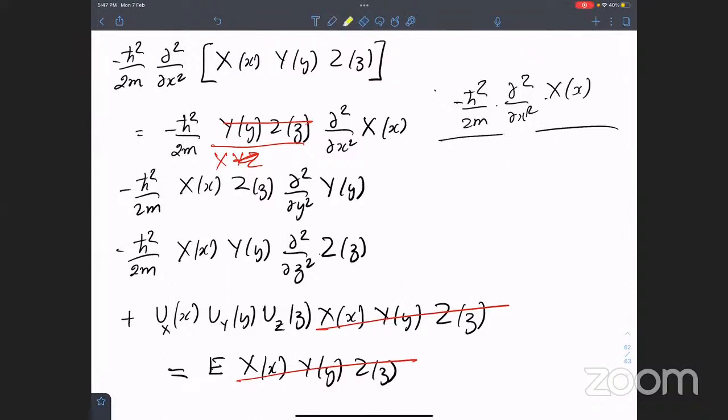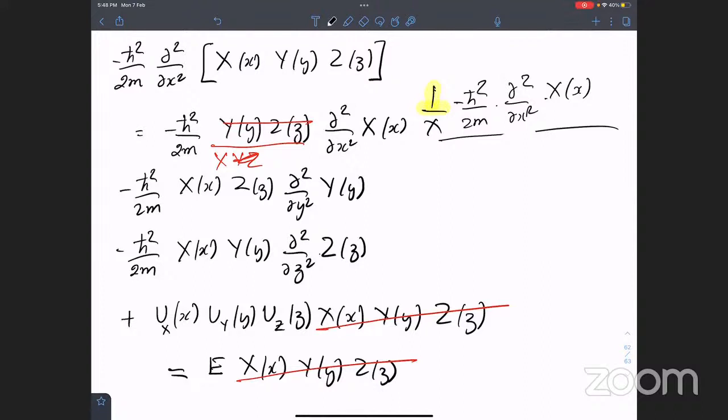Or you can write it in this way also. You can write it as 1 by X into minus h squared by 2m d squared by dx squared, something like this. Okay, and remember, we are interested to solve the problem inside the box, right?